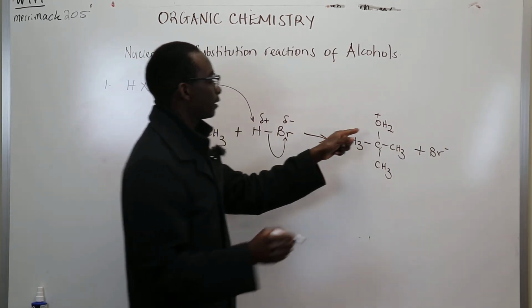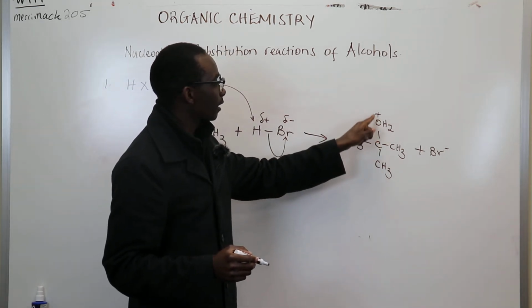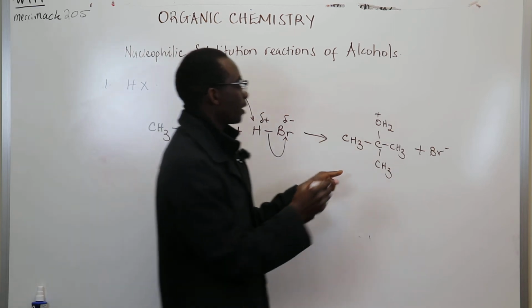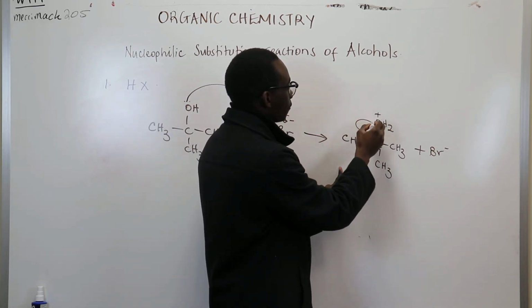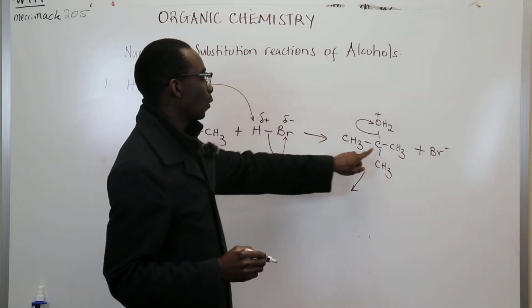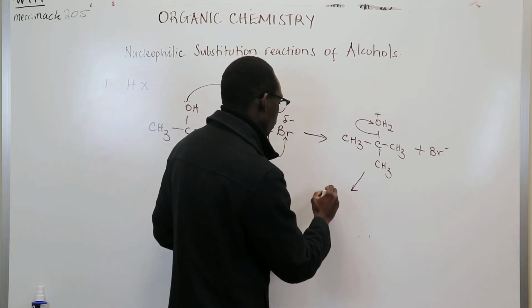Again, like I said in the previous mechanism, this oxygen has a plus because it has 3 bonds, and therefore water can break off, and then we form a stable carbocation on this carbon, which is tertiary.